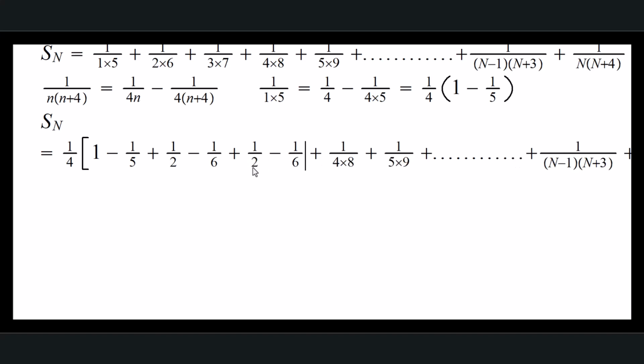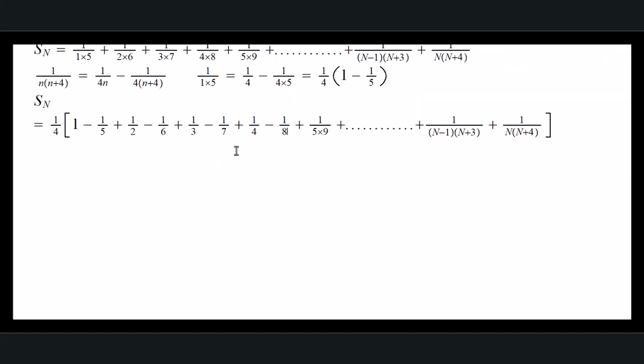Okay, 3, 7, and then this term will be 1 over 4 minus 1 over 8. And let me just make the fonts a little smaller, not too much.